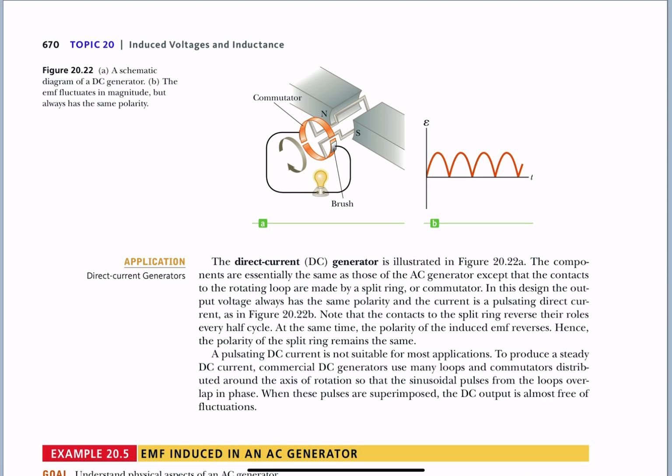And so what the split ring does is as soon as the section of your solenoid that's cutting up through the north pole side of the magnet begins to coast over and gets ready to go down to the south side, thus changing the direction of the current, mechanically it actually switches to the other split ring as opposed to the one that it was brushing against previously, and that keeps the current going in the same direction. So you reverse the reversal and you get direct current.